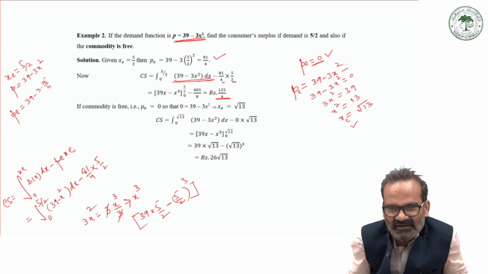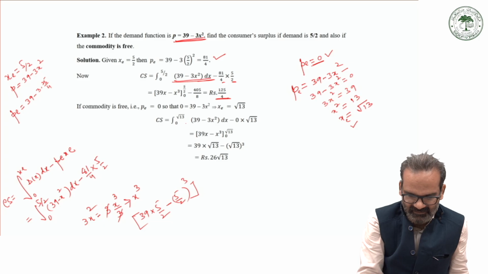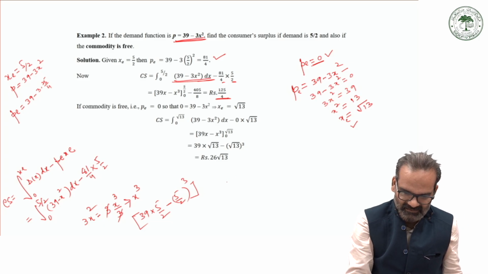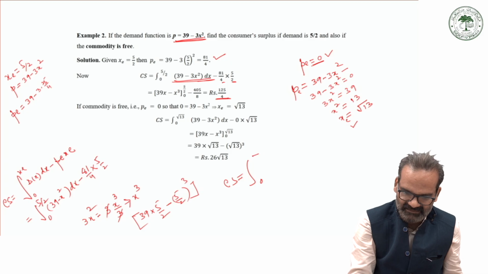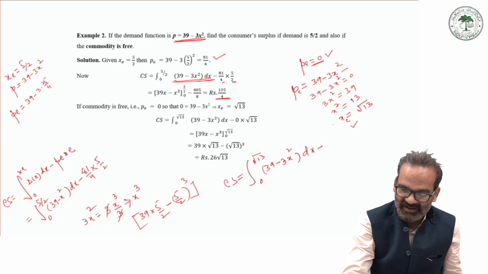You can determine the consumer surplus as given by, so what is the formula? CS is integral from 0 to XE, where XE is root 13, of the demand function 39 minus 3x square dx, minus PE into XE. So PE is 0, so 0 into XE, root 13.